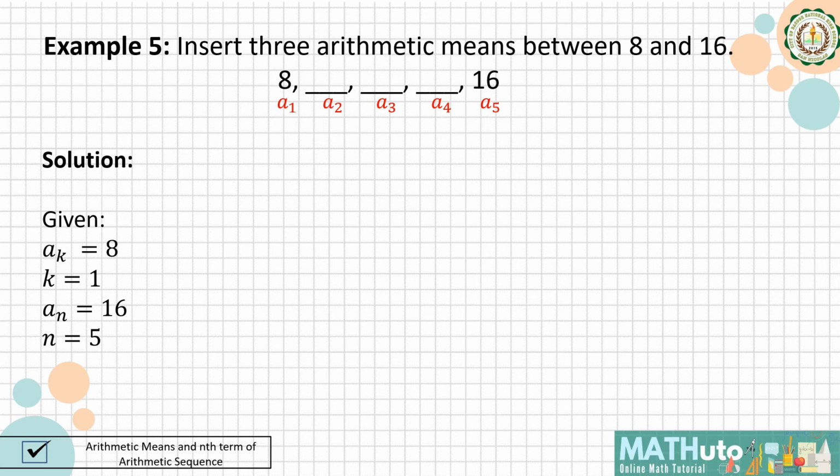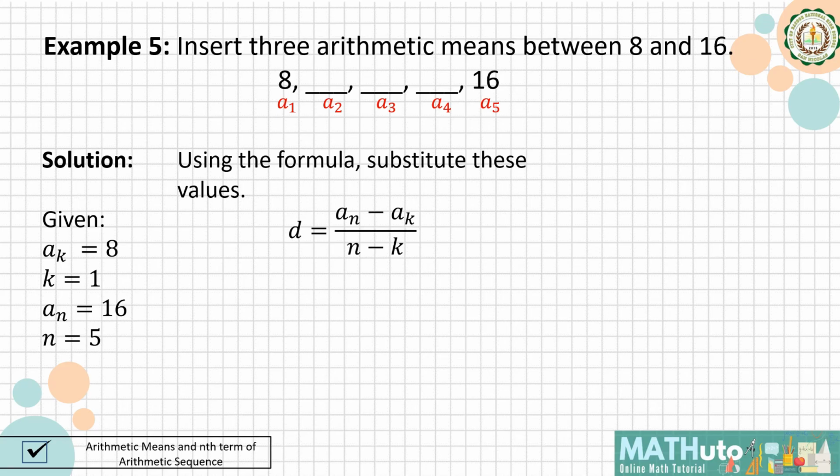And the last term, which is a sub n, which is 16, wherein n is equal to 5. Using the formula, substitute these values. D is equal to a sub n minus a sub k all over n minus k. This will become 16 minus 8 all over 5 minus 1. And 8 divided by 4 will give us 2. Thus, the common difference is equal to 2.